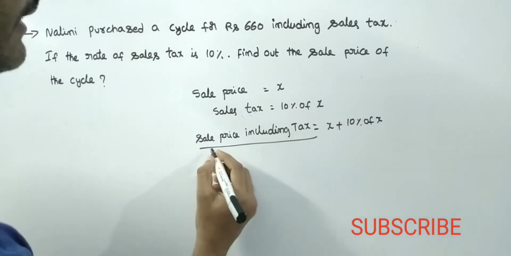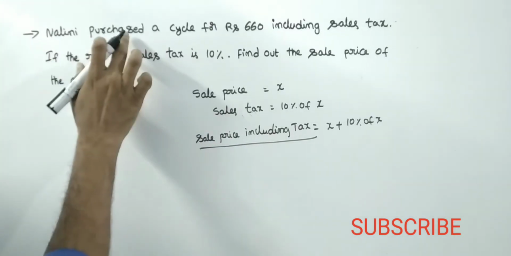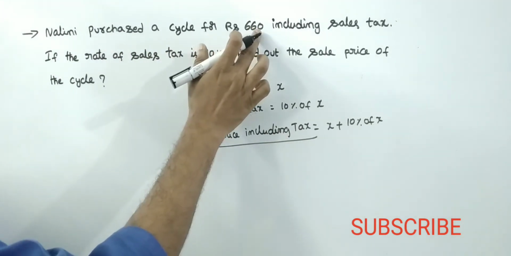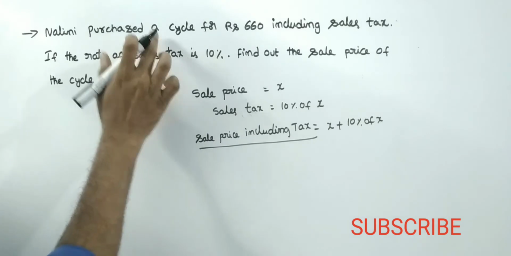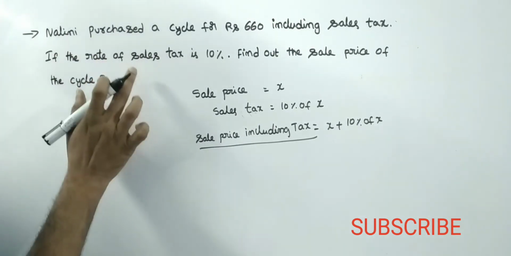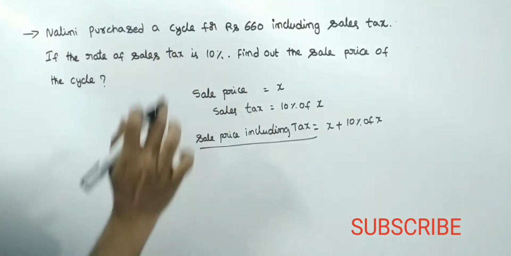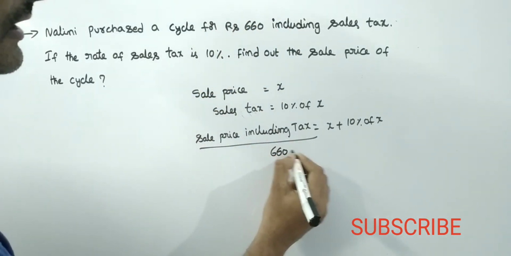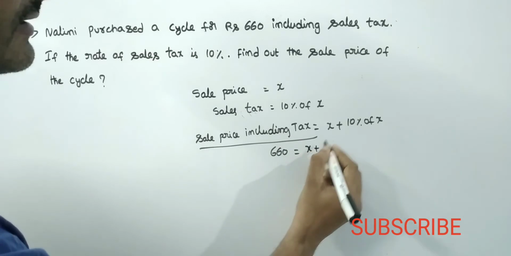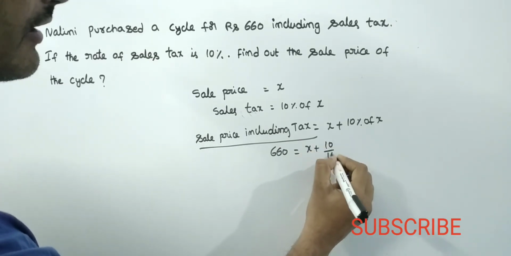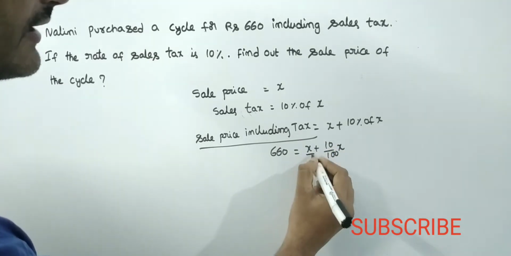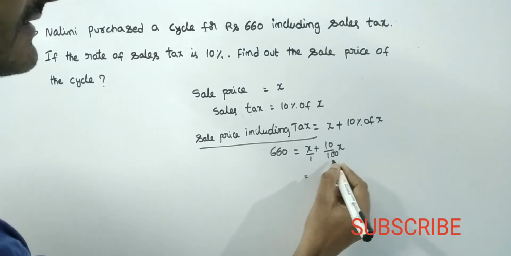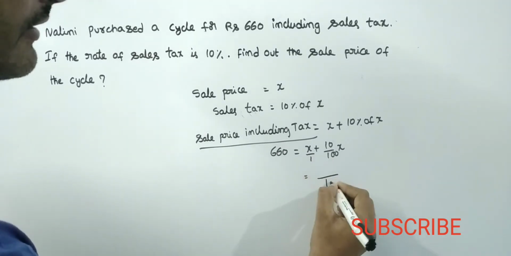This is the given sale price. See friends, Nalini purchased a cycle for 660. This is the purchase price for Nalini, but for the shop, this is the sale price after including the sales tax. That means 660 equals X plus 10%, that is, 10 by 100 into X. Here X by 1, the LCM of 100 and 1 is 100.